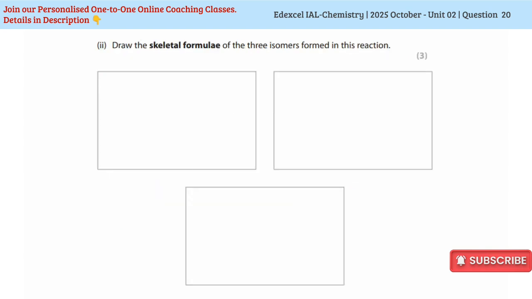Draw the skeletal formulae of the three isomers formed in this reaction. We'll take one by one. We can get an elimination done between this chlorine and hydrogen on this carbon, resulting in this compound, and you can have a geometrical isomer for this one as this.